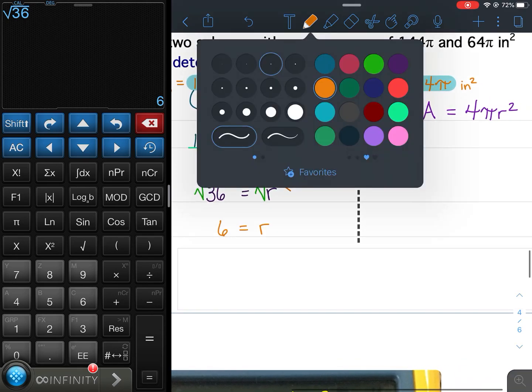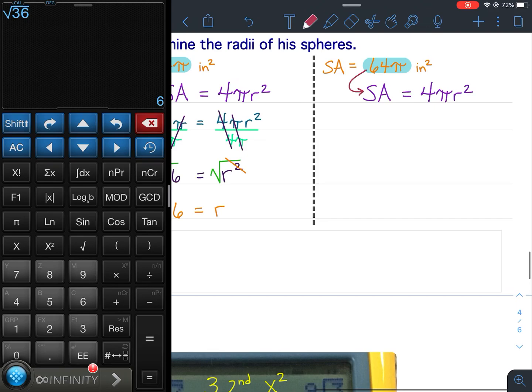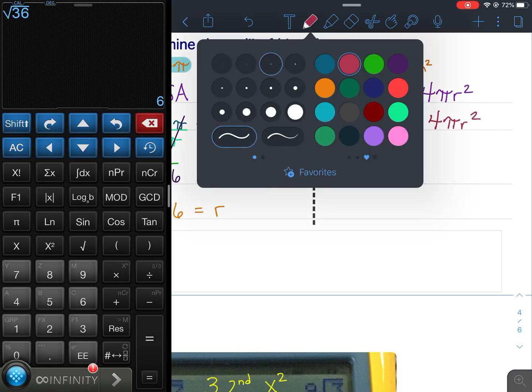All right, let's do the other problem. So now I'm going to plug in 64 pi for the surface area. 64 pi equals 4 pi r squared. All right.